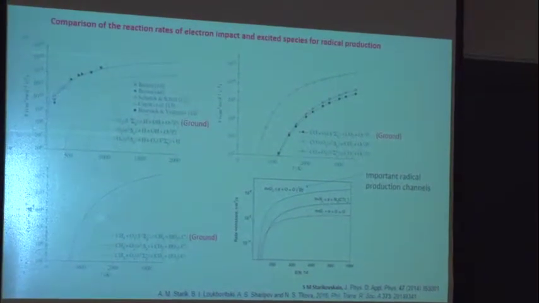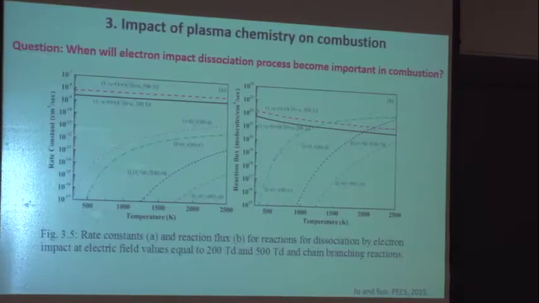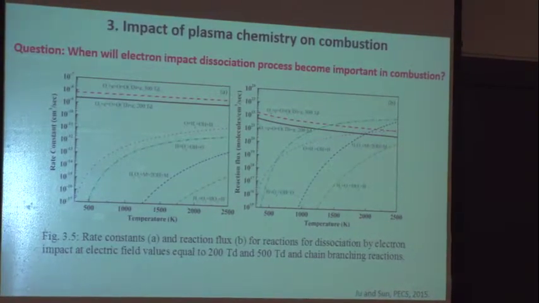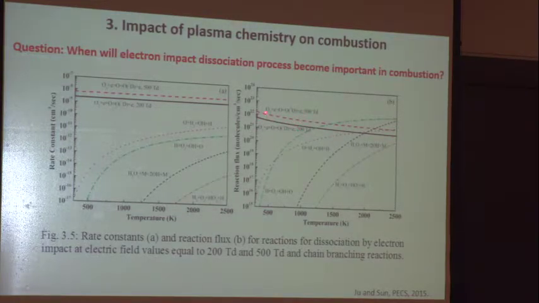Okay, the field. Question? I had a question on the previous slide. Previous slide? Okay, go ahead. Does the figure on the right take into account the probably increasing population of electrons as you increase temperature, or is it fixed? This is fixed. This is the reaction rate.